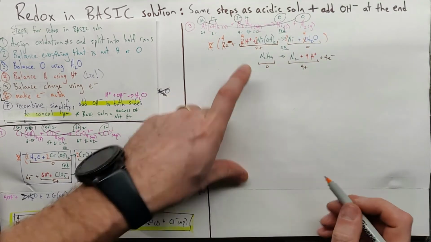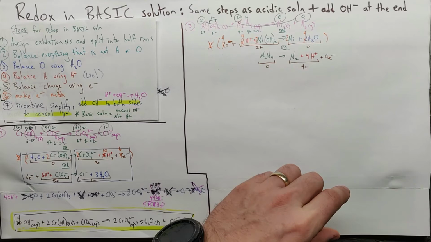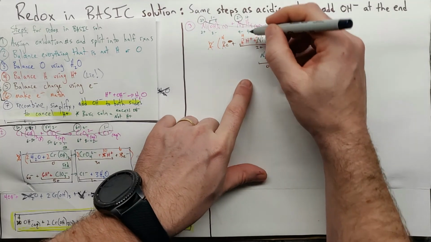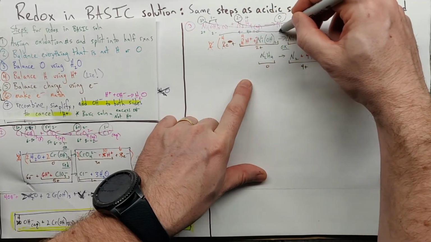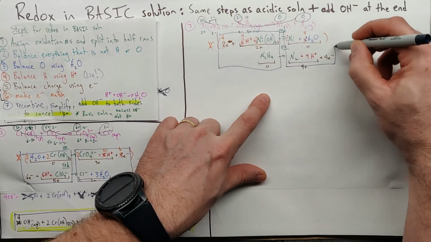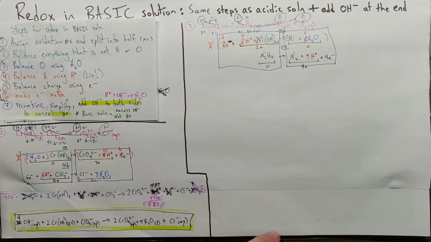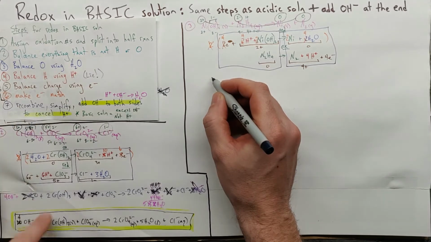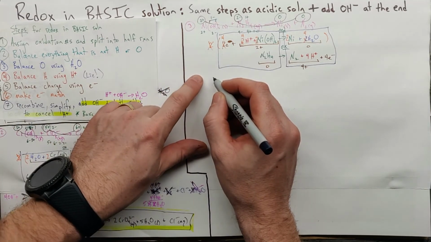Alright, and now we can recombine. And as I mentioned previously, I prefer to make a mental note of what my reactants are and what my products are. So we're going to rewrite all that. I'm going to try and budget my space so that I have room for hydroxides this time.